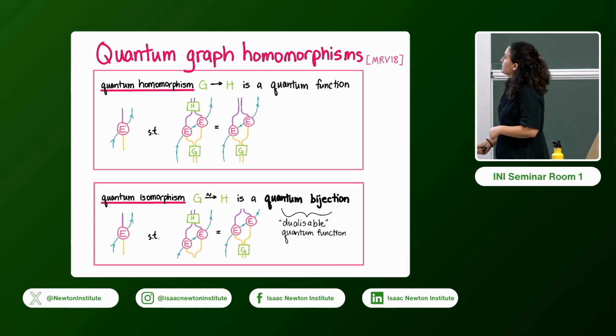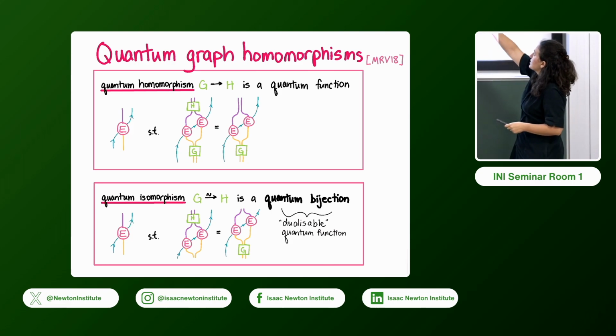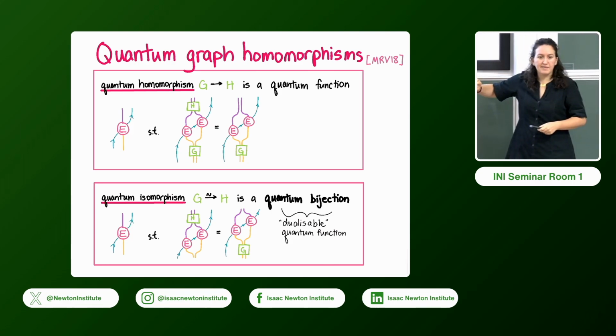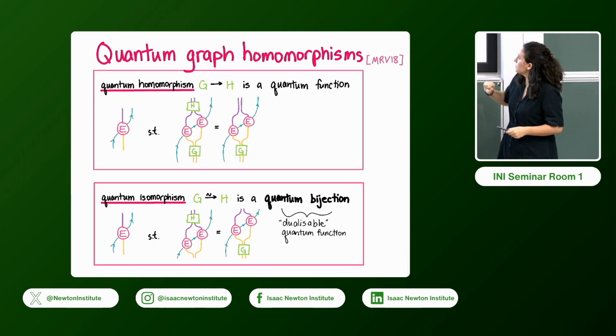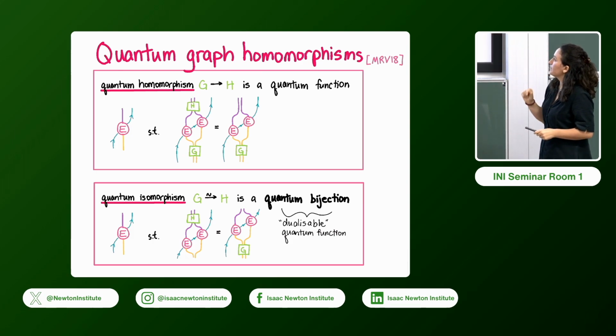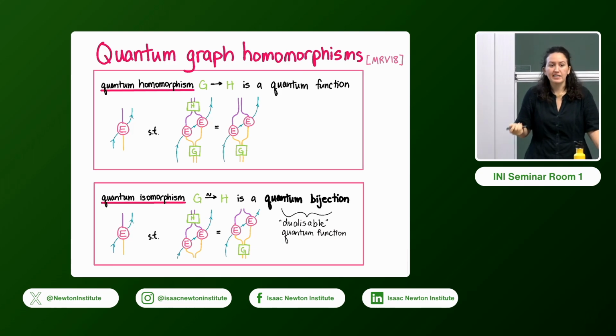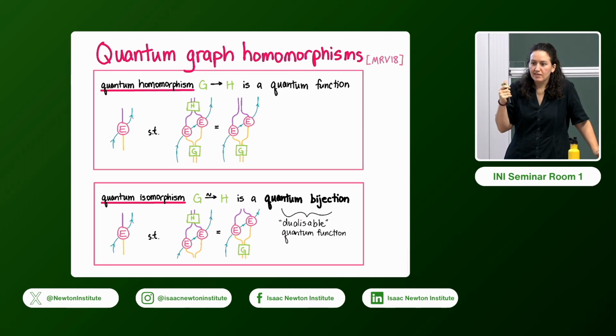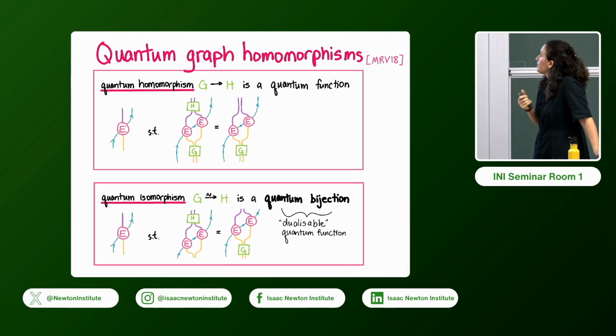And using these points of view, you can define what it means for a quantum homomorphism of quantum graphs and a quantum isomorphism of quantum graphs. So the quantum homomorphism definition relies on defining quantum functions, which I didn't write down here, but they're the same types of objects that we get for strategies. Okay.